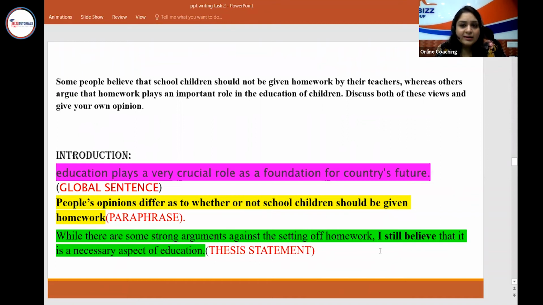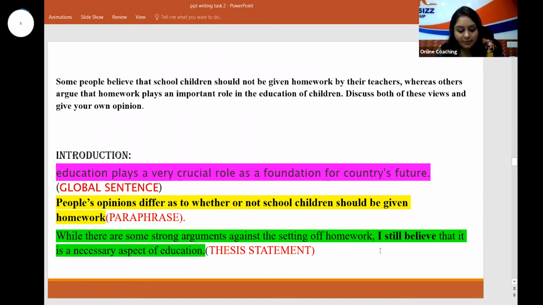Do not start directly. First, you have to understand that many people believe that homework is not important, but some people believe that homework is important. So why do many people believe that homework should not be given by their teachers? Just think on it, and understand, okay, these are the points you have to include.